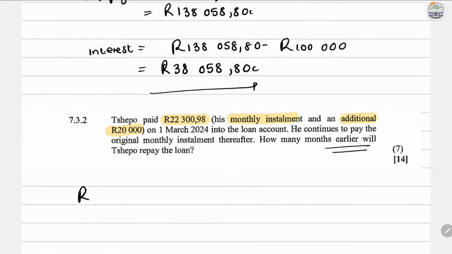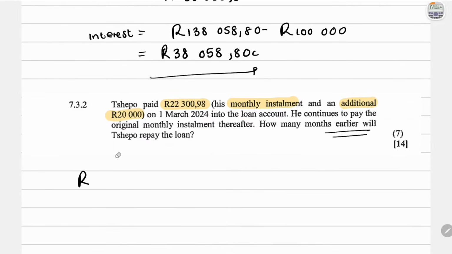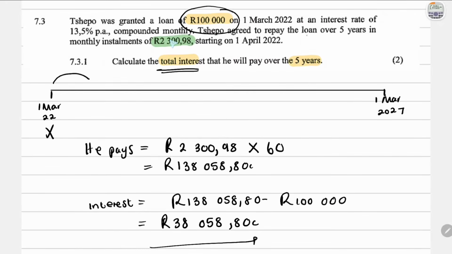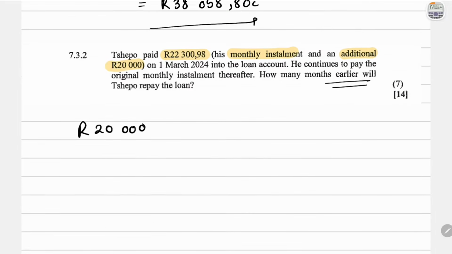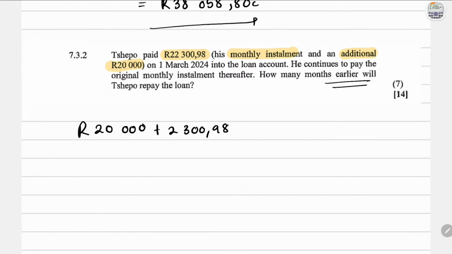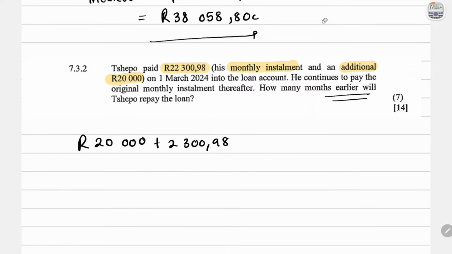Remember that the installment that he's paying every month is 2,398. If you take the 20,000 extra he decided to pay, to help his loan finish quicker, and you take the monthly installment that he paid, you see that it gives you that 22,398. You see that if you add that together, it will actually give you the total.